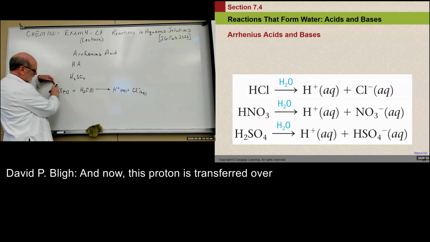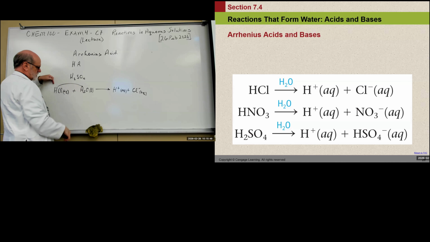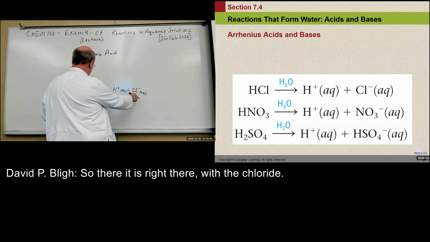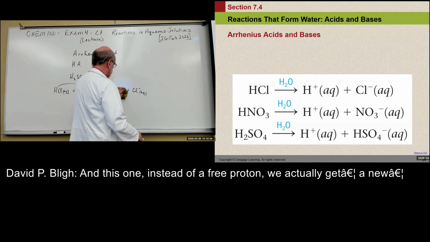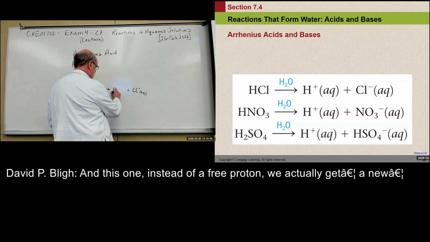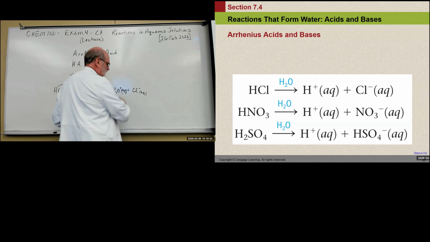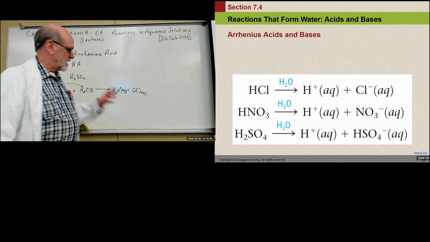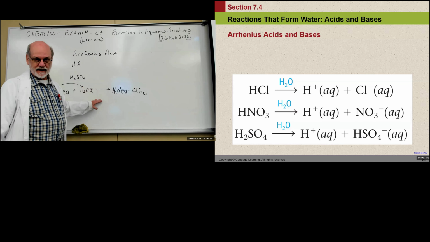And now this proton is transferred over and it leaves its electron behind. So there it is right there with the chloride. And this one, instead of a free proton, we actually get a new polyatomic ion called the hydronium ion. This is the chemistry. That's what really happens.